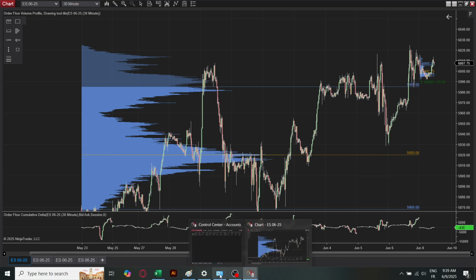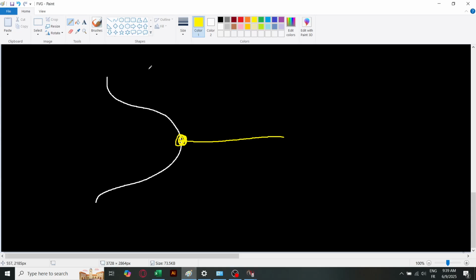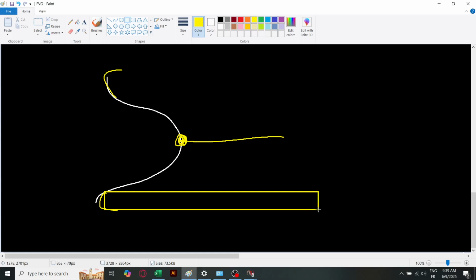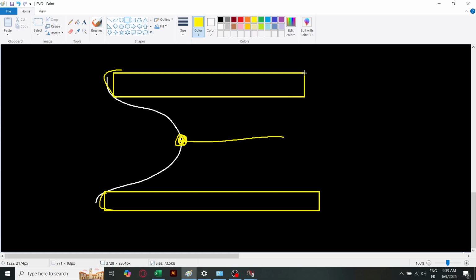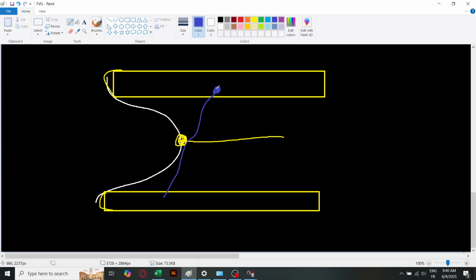And when there are low volume nodes over here, those are the areas where we have the best support and resistance. So we can wait for price to come over here and confirm if there is absorption selling activity with the footprint, and then we can short.